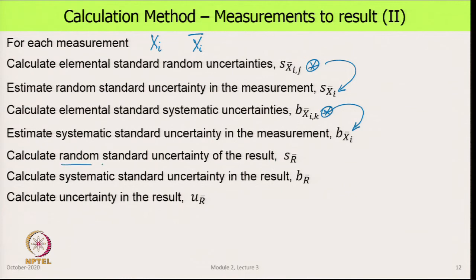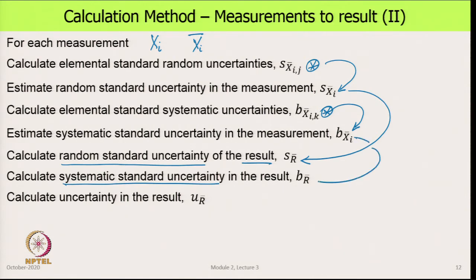We calculate the random standard uncertainty of the result, SR bar, which comes from all of these. Then we calculate the systematic standard uncertainty in the result, which comes from these. And then we combine these two to get the uncertainty in the result.